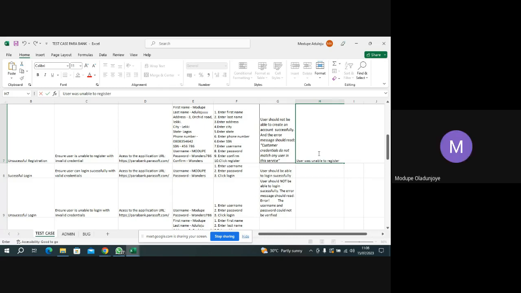I was unable to register. Okay. Ensure user can log in successfully with a valid credential.